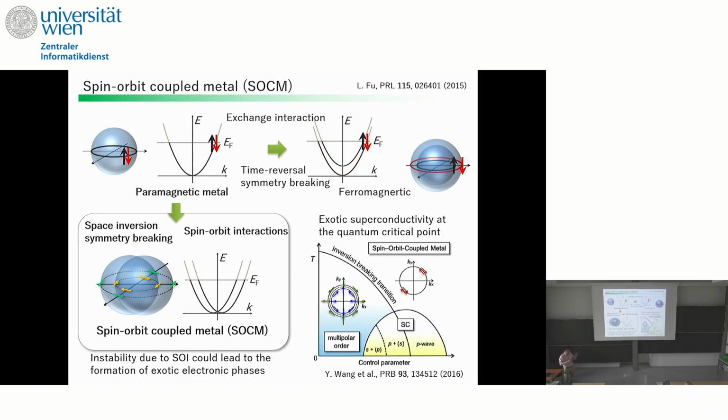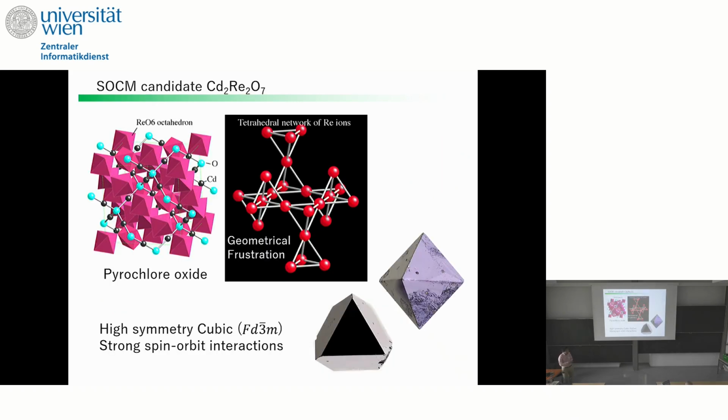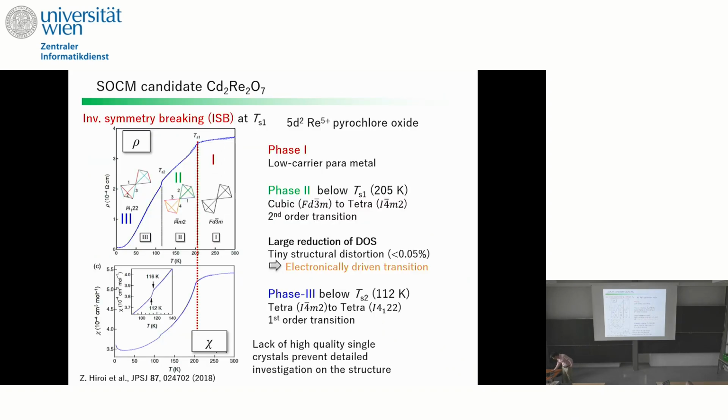If strong spin-orbit coupling is exerted on a Fermi surface, it shows spontaneous inversion symmetry breaking and forms some kind of exotic multipole. That's the proposal. And this pyrochlore oxide is the most promising candidate for this spin-orbit coupled metal.